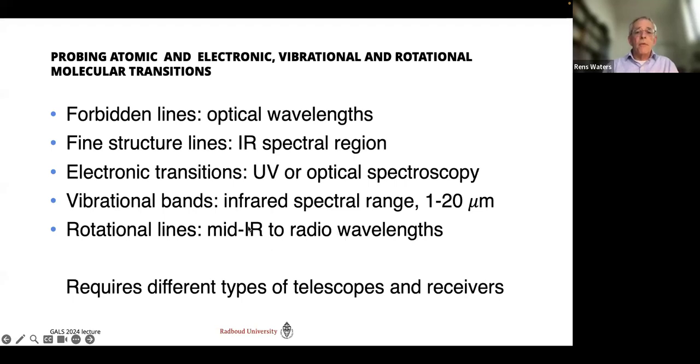Obviously, because of this enormous difference in wavelengths, there's no single telescope or single receiver that is able to detect and characterize all these different transitions. So you need to pick your telescope and your instrument in order to study the kind of environment that you're interested in.